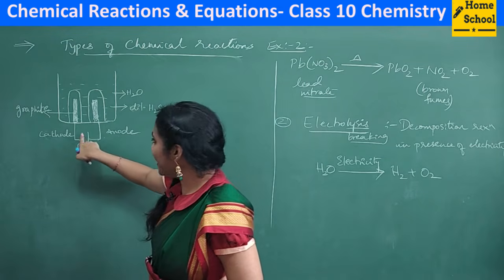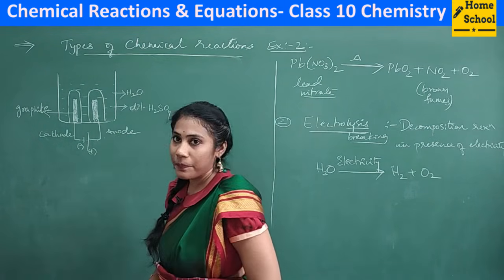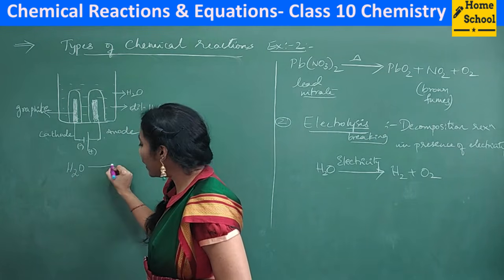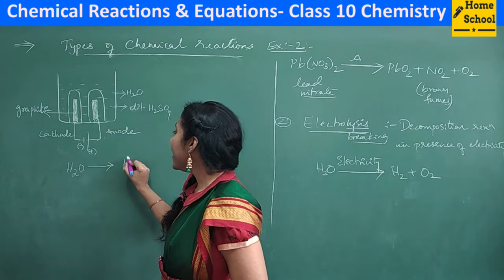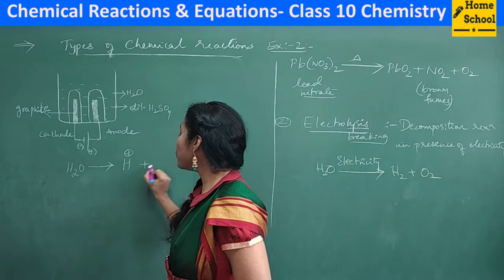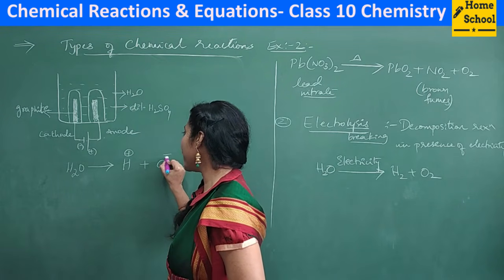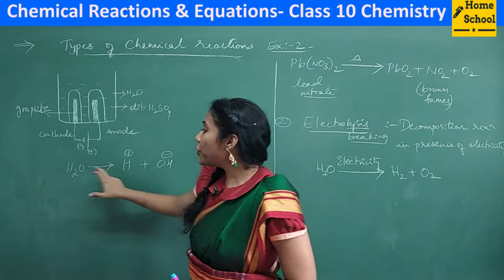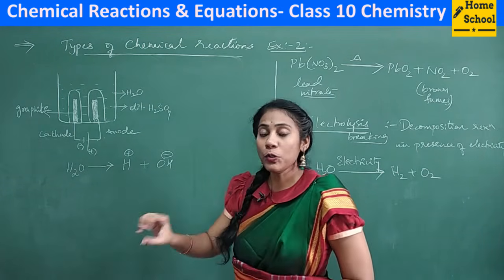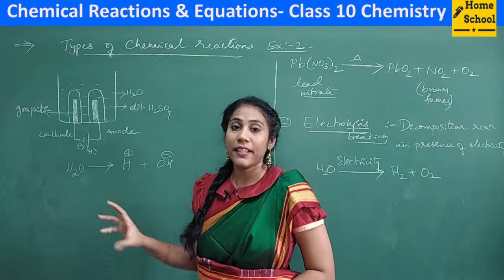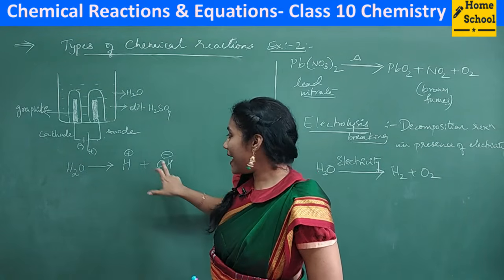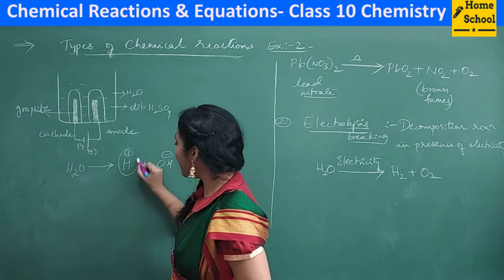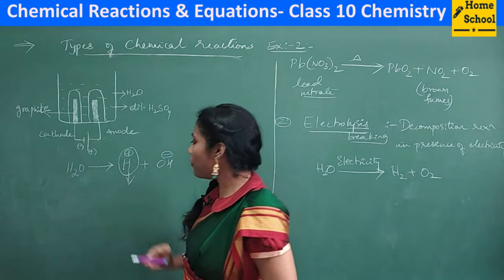So the moment electricity reaches water, you know what happens to the water initially? Water will break up into H plus and OH minus. Water is breaking up into ions, into charged species. This H plus is the positive part of water.